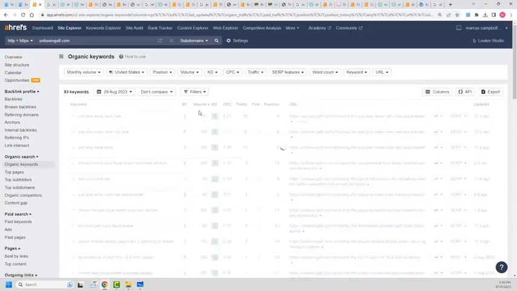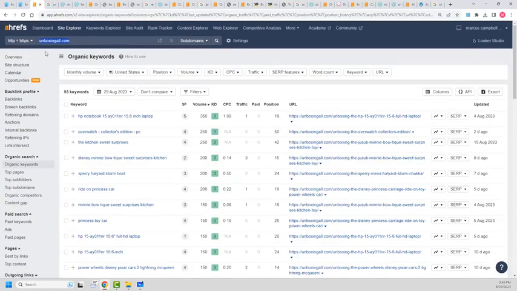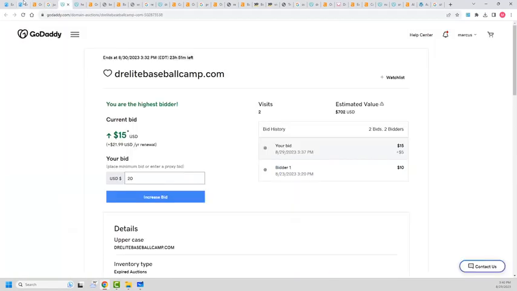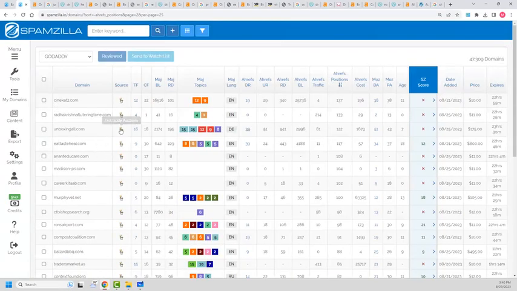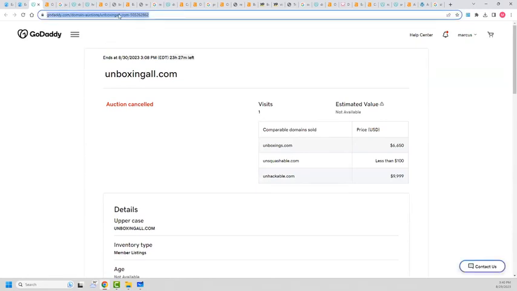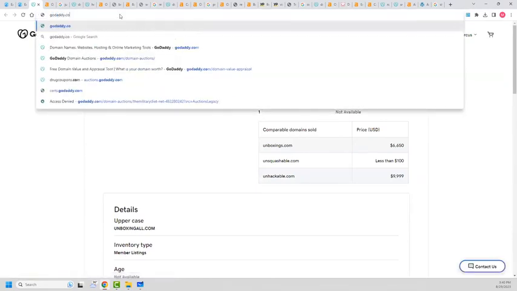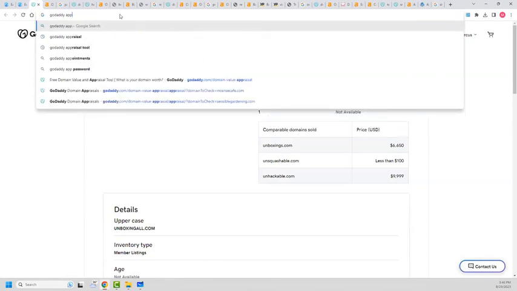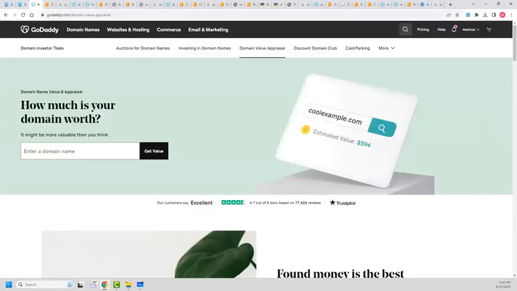Like if I was going to do unboxingall.com, that's a sellable domain, right? When you look at that in GoDaddy, it's probably going to have like a $1,000, $2,000 value. Let's do GoDaddy appraisal. And again, remember that this is a rule of thumb. It's not guaranteed.